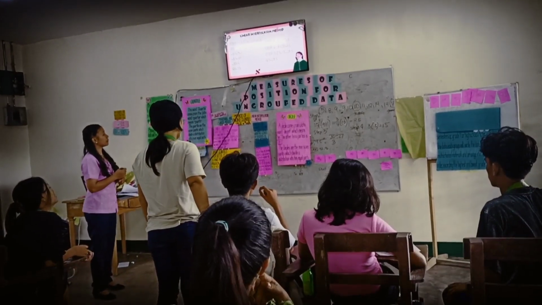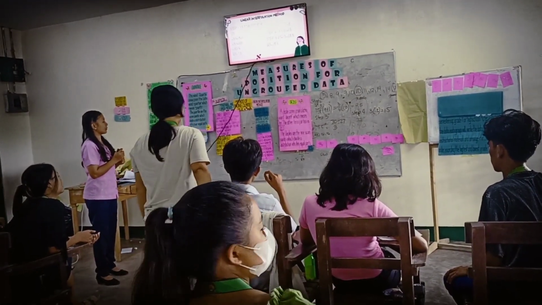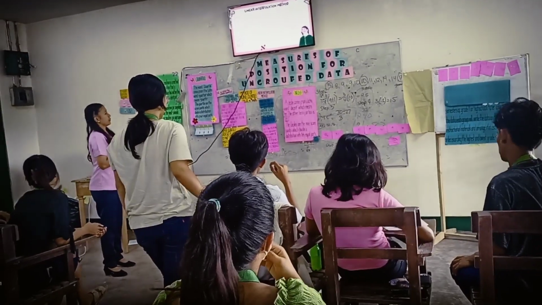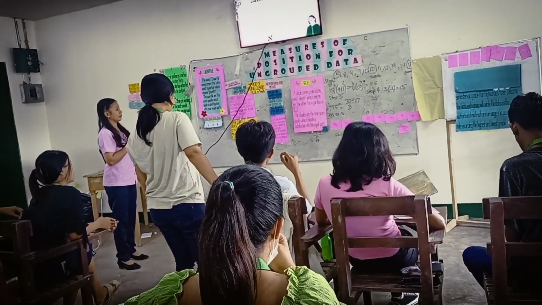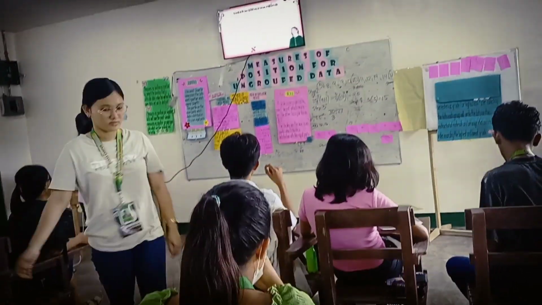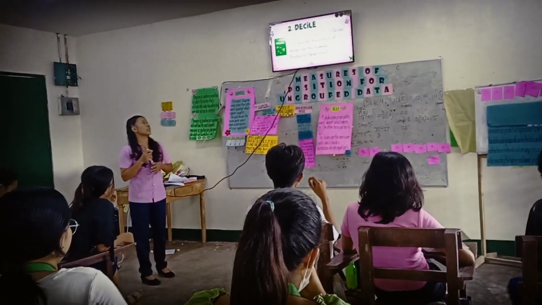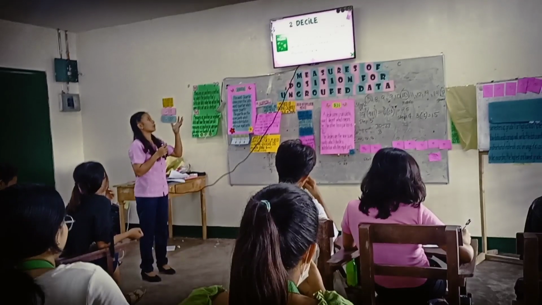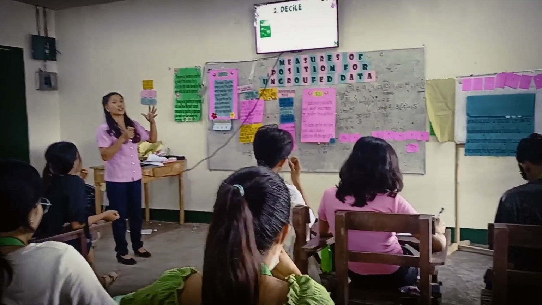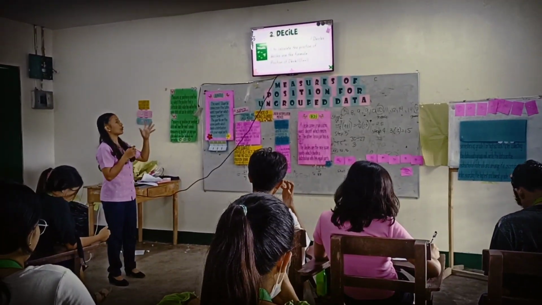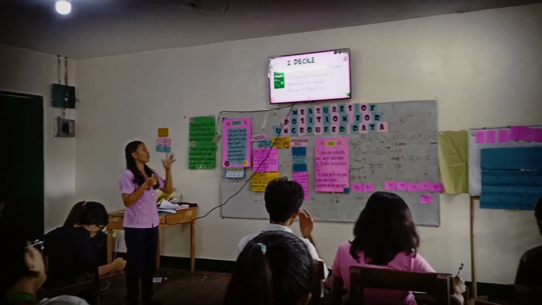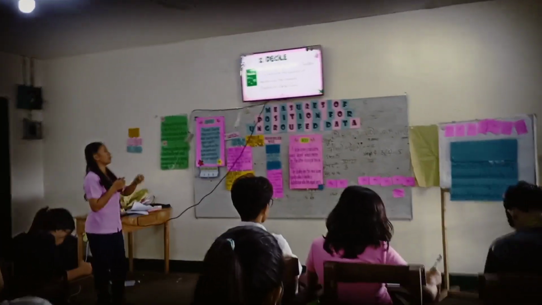The other term for 10 is decile. The deciles are the nine score points which divide the distribution into 10 equal parts. Thank you, Miss Manaloto. To calculate the position of deciles, we will use the formula: the position of Dk is equal to k over 10 times the quantity of n plus 1.